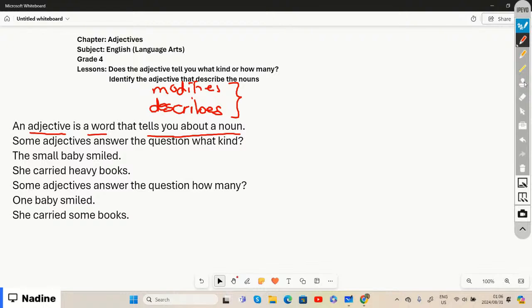So some of our adjectives answer questions like, what kind? And this kind of question can be broad. Even if you were to wear a certain color, it is what kind?